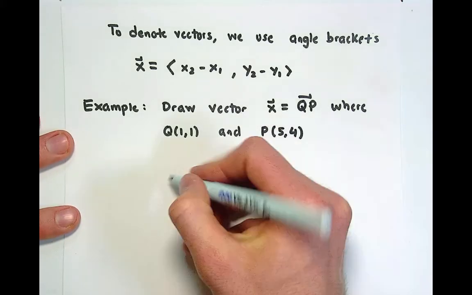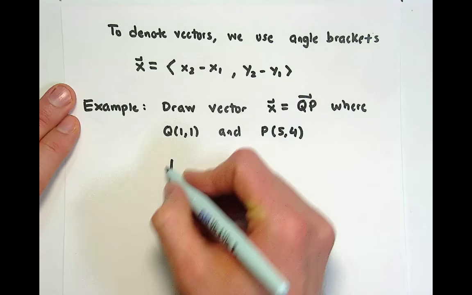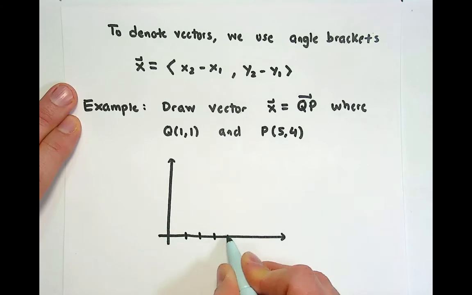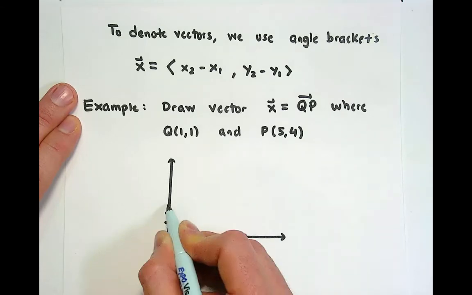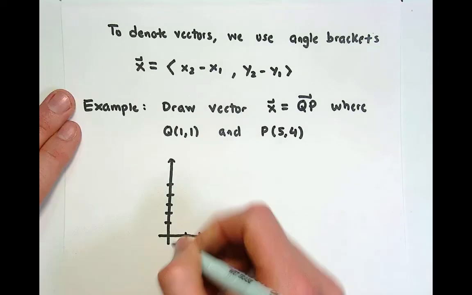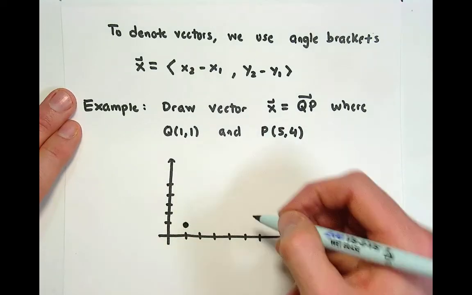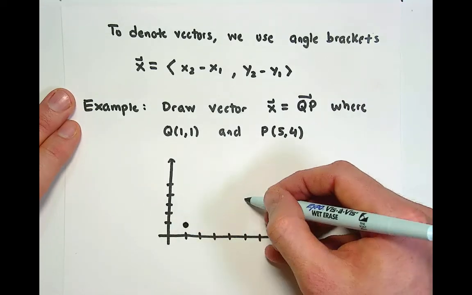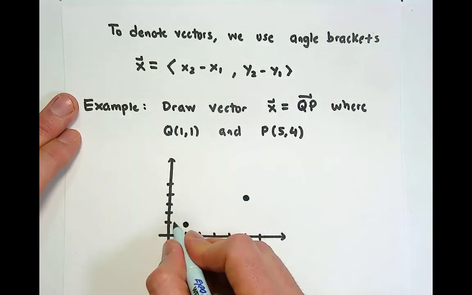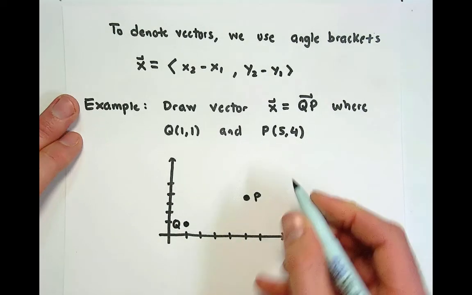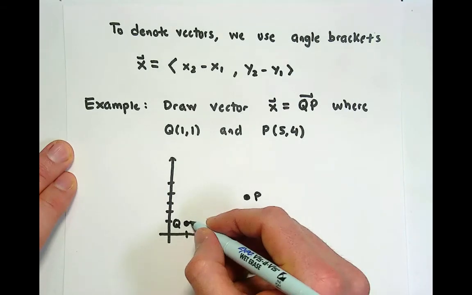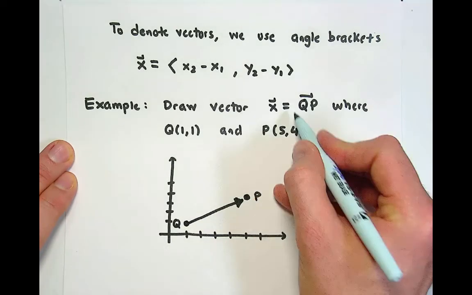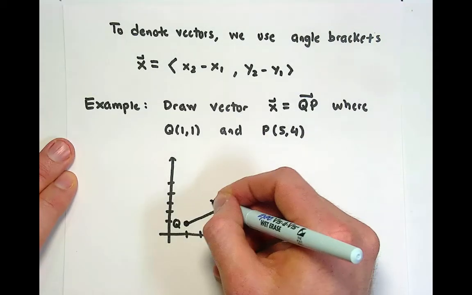Well, we just saw how to draw those points in the last video. 1, 2, 3, 4, 5. 1, 2, 3, 4. And maybe we'll go one more. Okay, here we go. There's 1. And we go 1, 2, 3, that's 5 and 4. So here's the point Q. Here's the point P. We have the vector x, which is going to be the vector connecting those two. And it looks like x is going to go from Q to P. So this is the vector x.